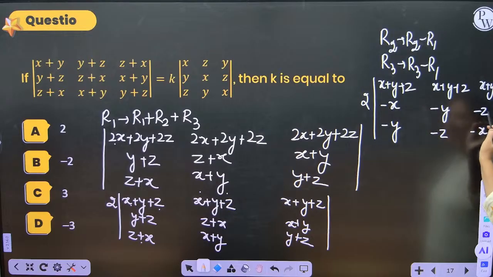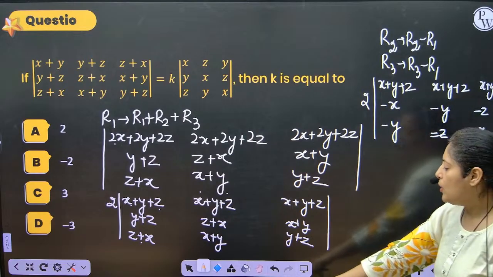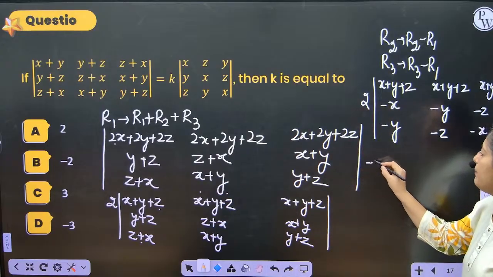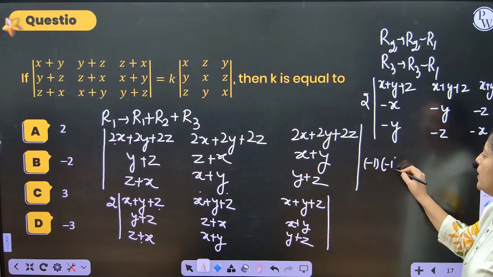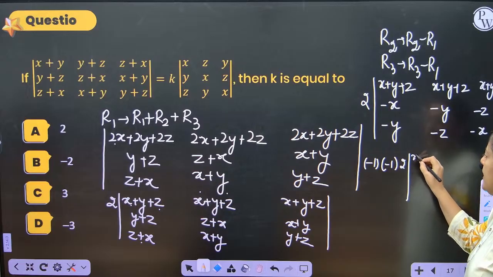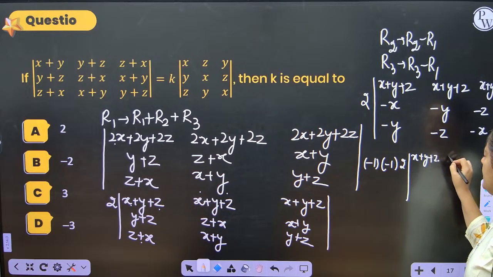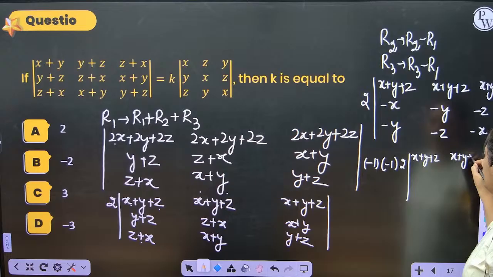I can take minus 1 common from here also. So outside it becomes minus 1 and 2, and inside x plus y plus z, x plus y plus z, x plus y plus z.